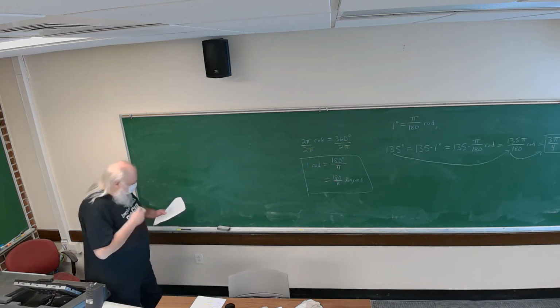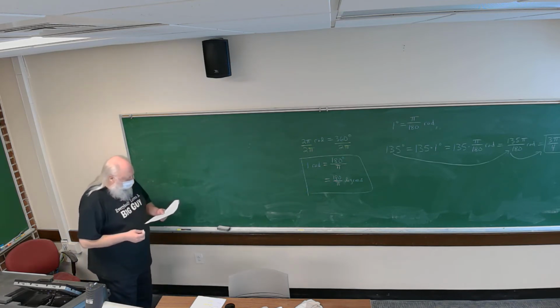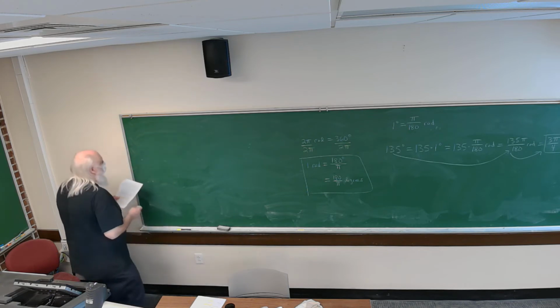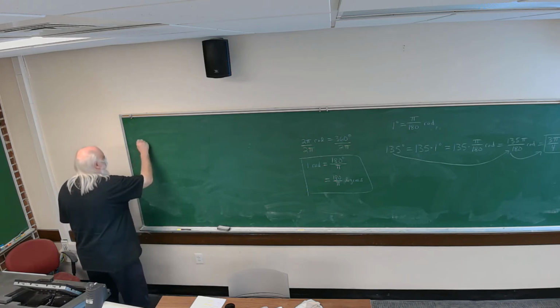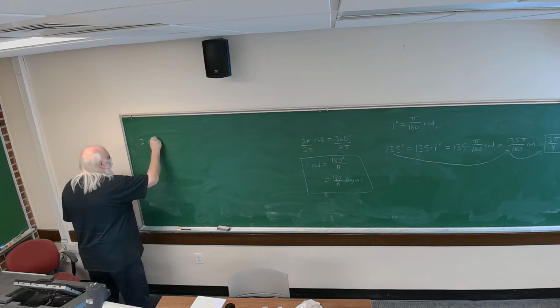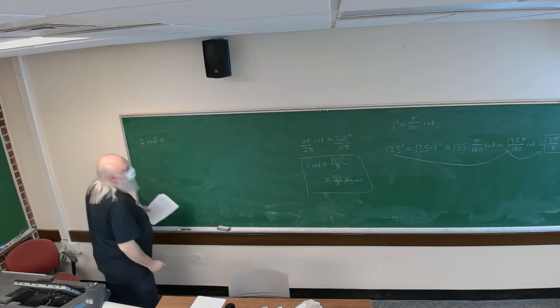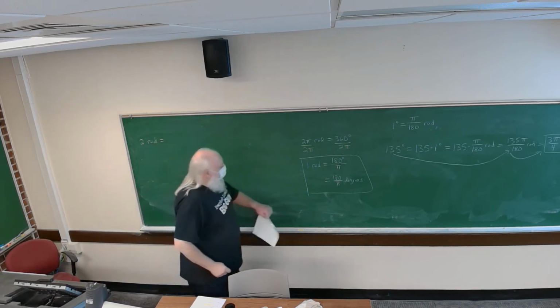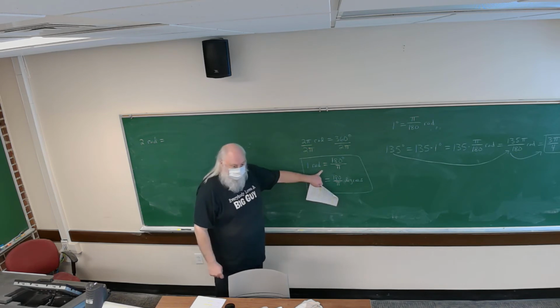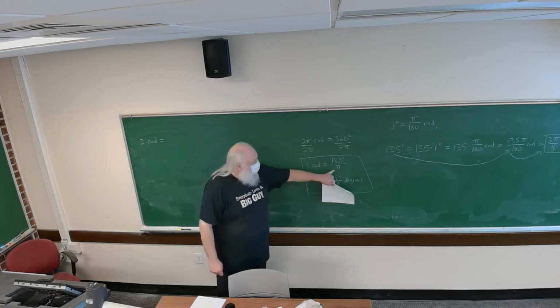Alright, in example 5, we gotta convert 2 radians to degree measure. So, we're gonna use this formula right here. Multiply both sides by 2.